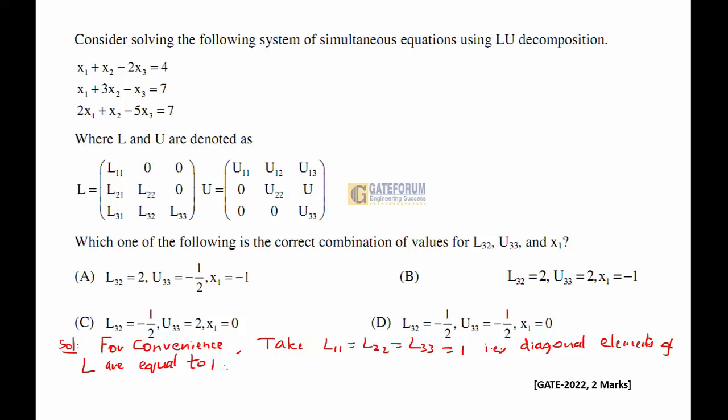Now, the decomposition method is A is equal to L into U. What is A? The coefficient matrix. From the given system of equations, A is the coefficient matrix. Coefficient matrix means in all the left hand side of the equation, the coefficients of x1, x2, x3 are collected in a matrix A, which is a square matrix.